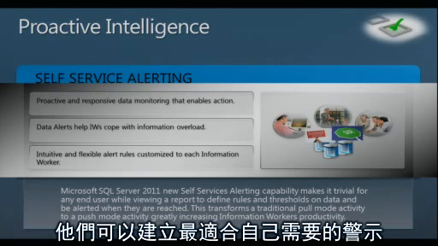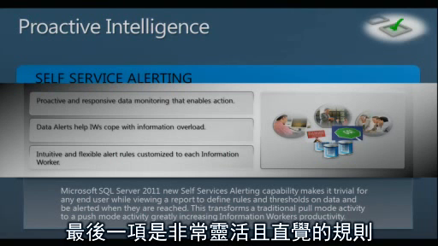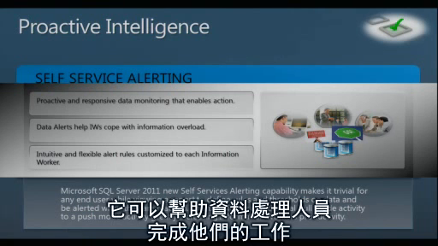They can just create the alert that most suits their needs, and then they're alerted by email whenever that happens. And the last one is the very flexible and intuitive rules that allow information workers to just get on with their job.